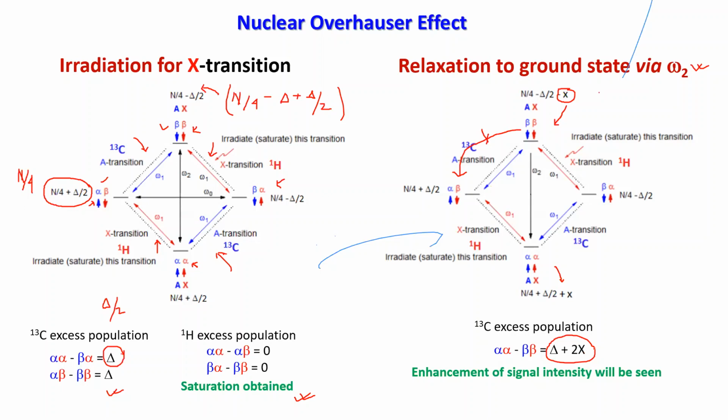So your excess nuclei at the ground state has increased by 2x amount. That means you have more excess nuclei after this two quantum transition, and that's why you will have enhancement in the signal intensity. So you got the point? Are you getting the point? Yes, sir. If you have any doubt, you tell.